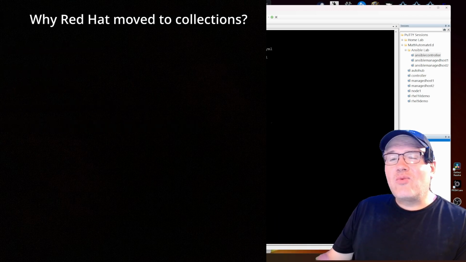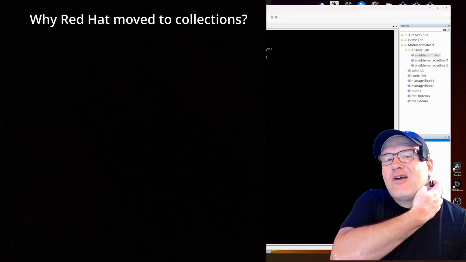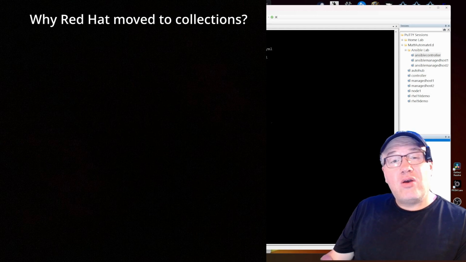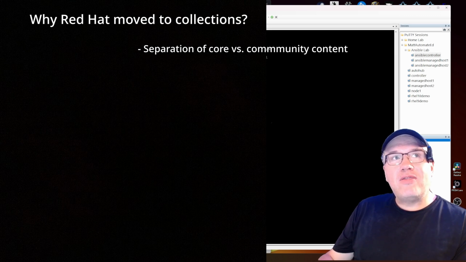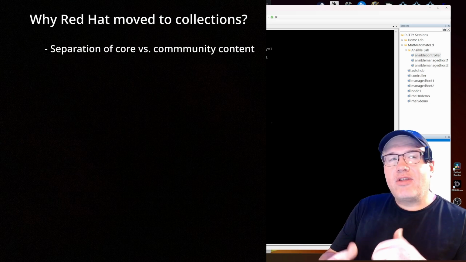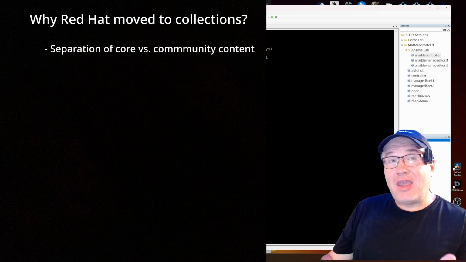So why did Red Hat move to collections? Well, first let's talk about when collections started, around Ansible 2.1. They did this to solve several major problems with the older model. One, it was to separate the core from the community content. Previously, all modules and plugins were shipped with Ansible.